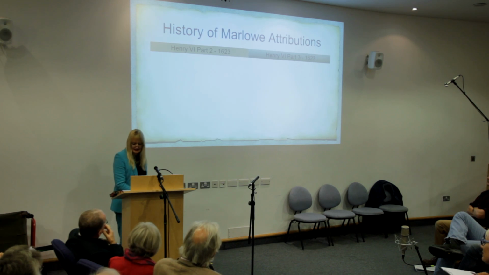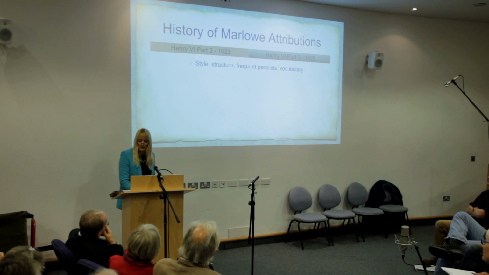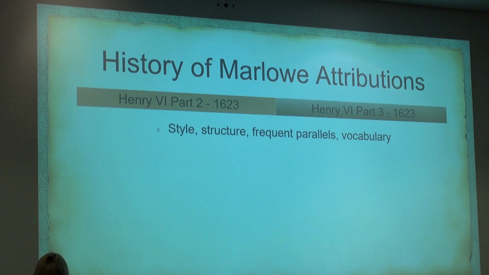Yet doubt persisted. John Bakeless, in his 2-volume work on Christopher Marlowe, published in 1942, said he believed that both of those plays, second and third parts of Henry VI, were by Marlowe, revised by Shakespeare for the following reasons.